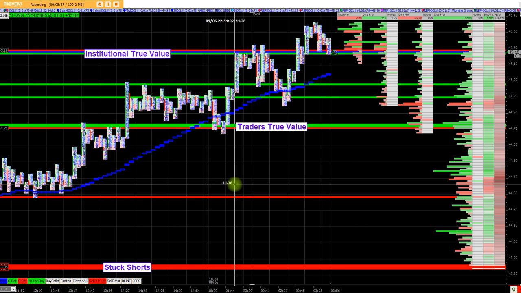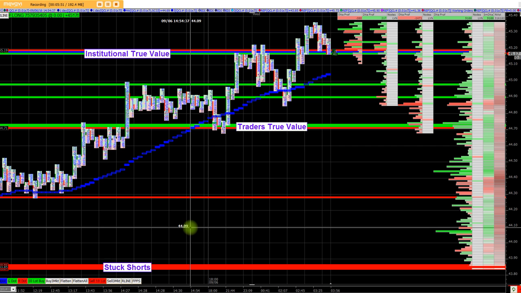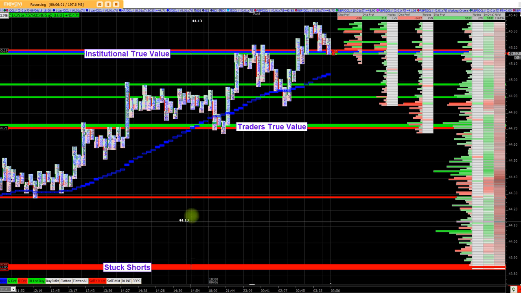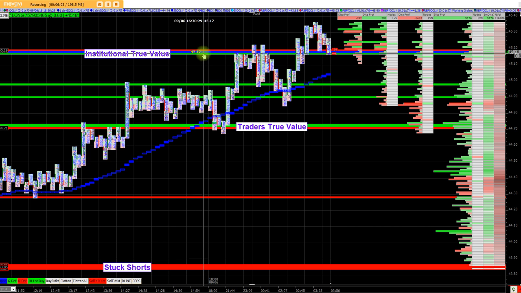So basically, that's all you're really looking for. Stuck shorts and stuck longs are great places to target and to get either long or short based upon who's stuck there. These institutional true value levels are also really nice. Like right now, we're basically testing this institutional true value. This is like a make or break point.